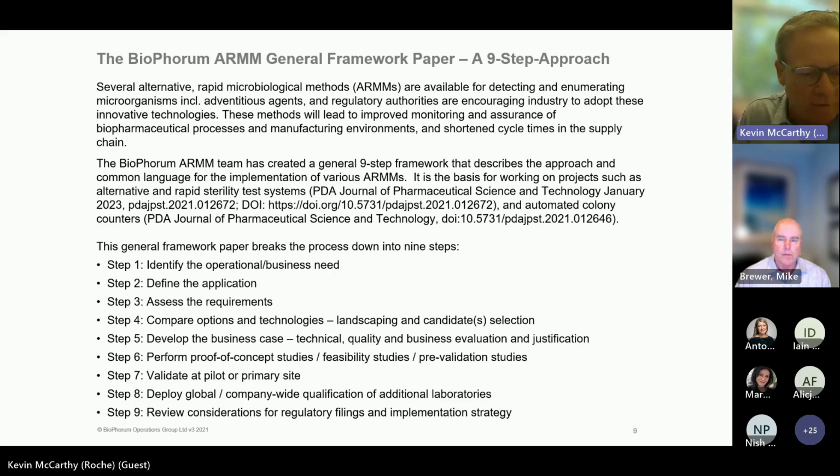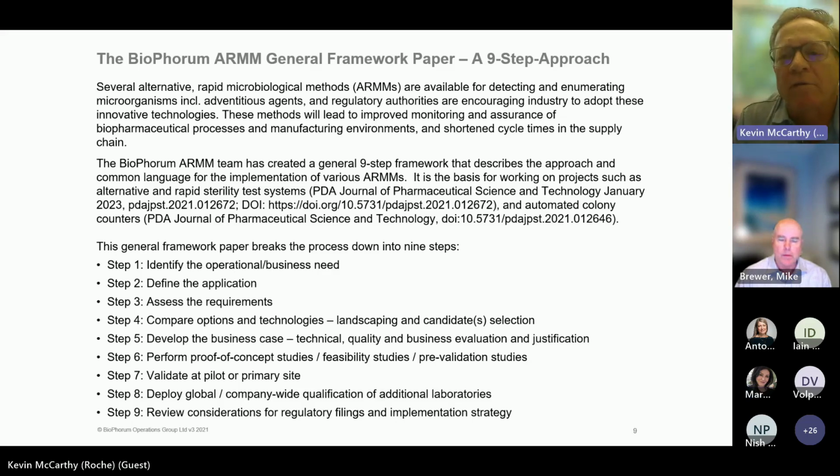And as many of us have experienced over the years, when we implement a new technology, there are a lot of questions asked, such as, well, this company did it this way and another company did it a different way. So the regulatory authorities come back and ask for a lot more information than is typically given for a dossier filing.